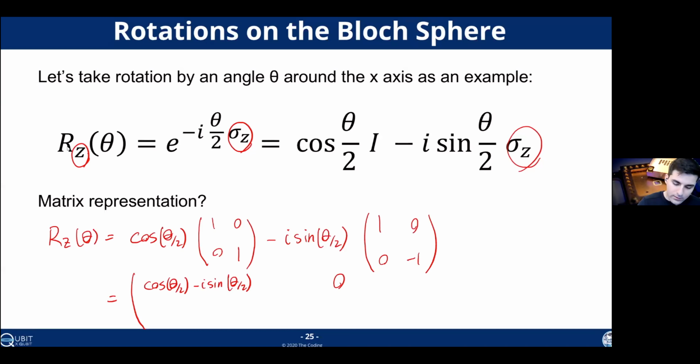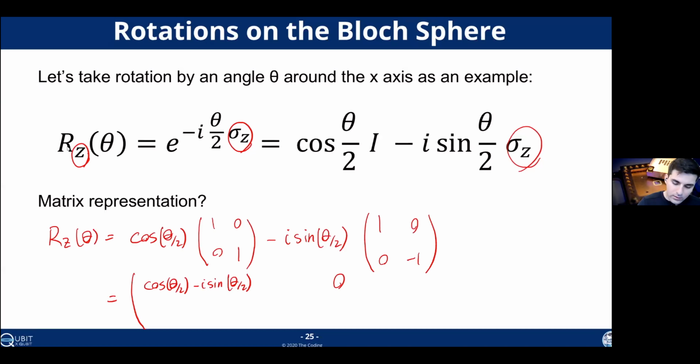And the other off-diagonal element is also going to be 0 because, again, all these off-diagonal elements here are 0. And my 1, 1 matrix element, or the bottom right matrix element, is going to be cosine of theta divided by 2 plus i sine of theta divided by 2.